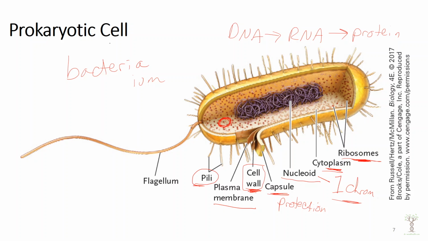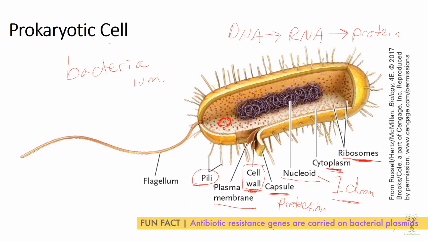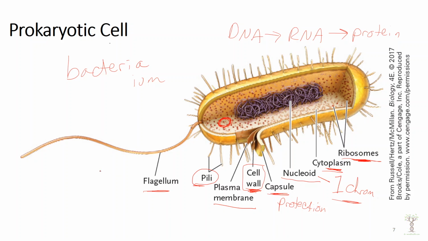The bacterial cell can copy it, move it through its pili, connect with another bacterial cell, and exchange that DNA. And lastly, some bacteria have a flagellum, and this helps it to swim and move around. This functions just like a sperm tail, made of microtubules.